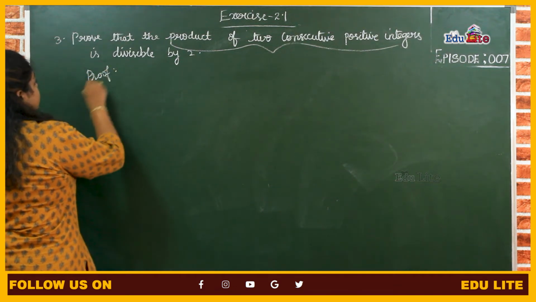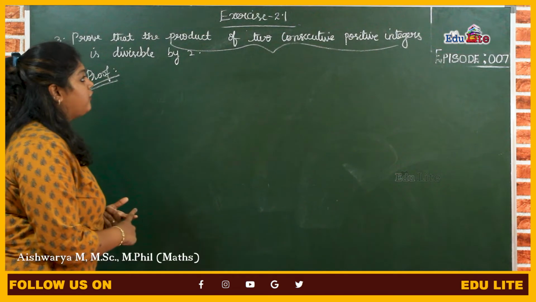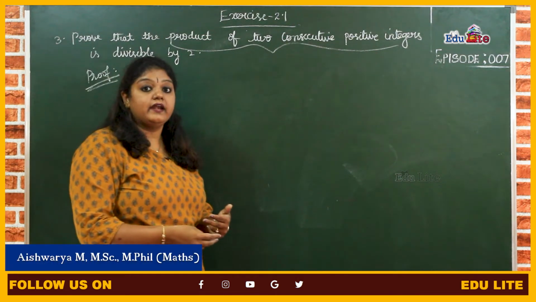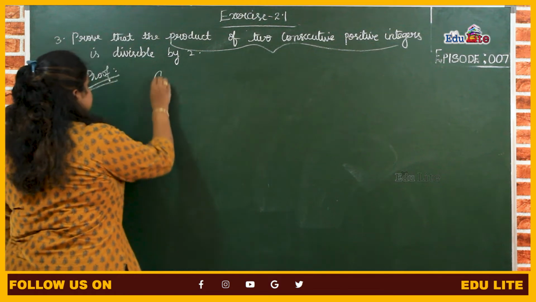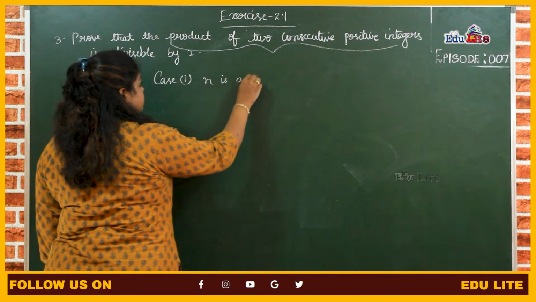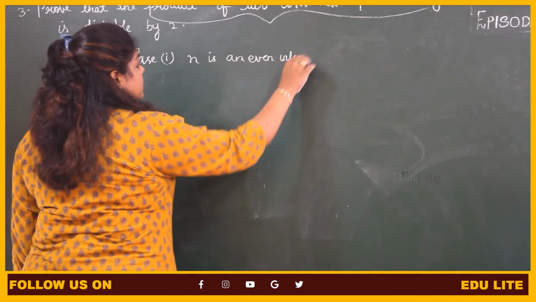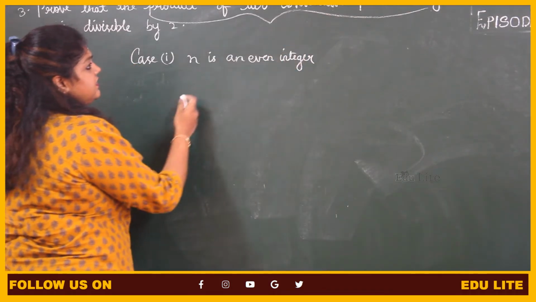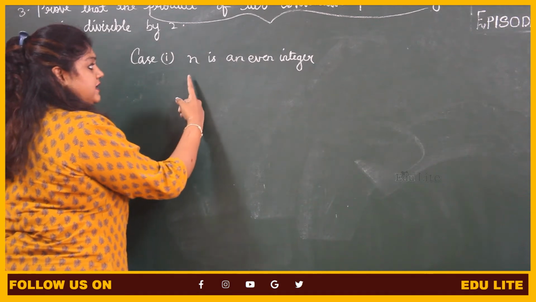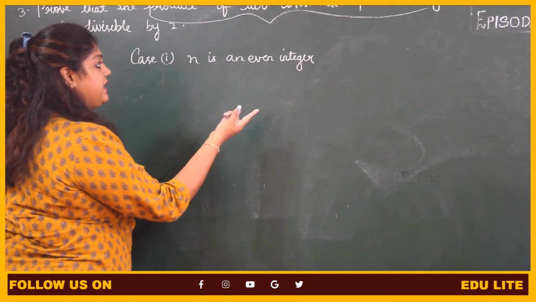We are going to prove this in two cases. In the first case, we will prove it for an even integer, and in the second case, for an odd integer. In the first case, I am going to consider n as an even integer. If n is the integer, the consecutive number will be n plus 1.